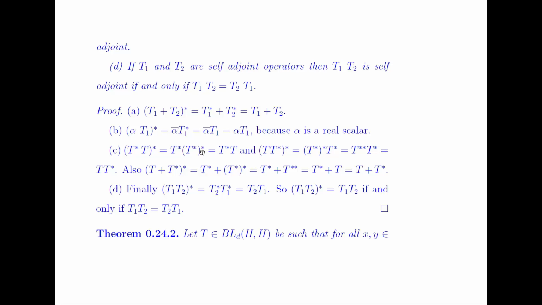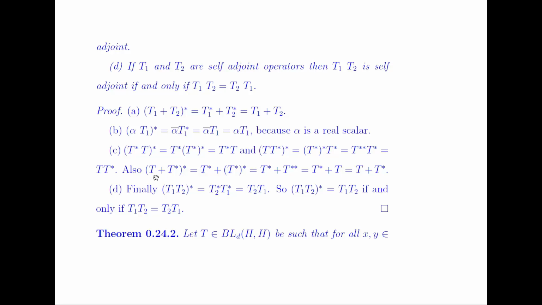We know that T star star is equal to T, so this is equal to T star T. Also, T T star whole star is equal to T star star into T star, and this T star star is equal to T, so this is equal to T T star. So we get the results.